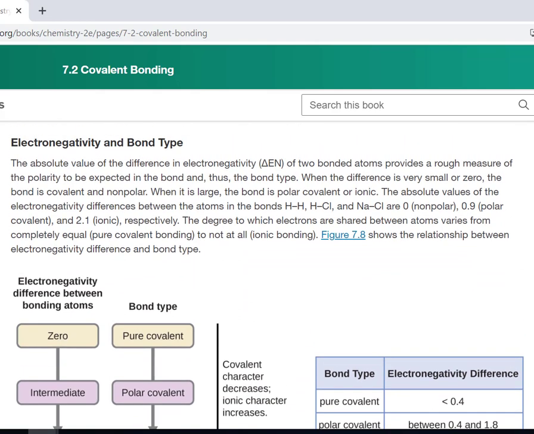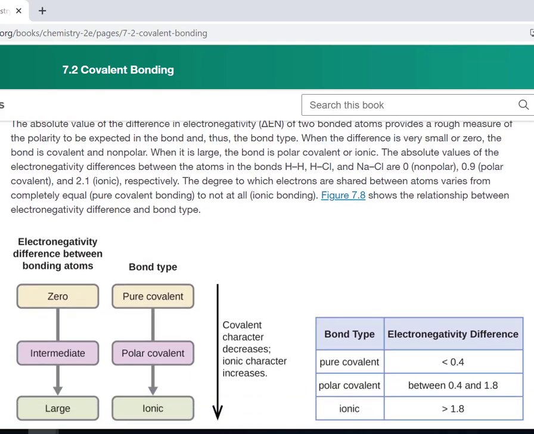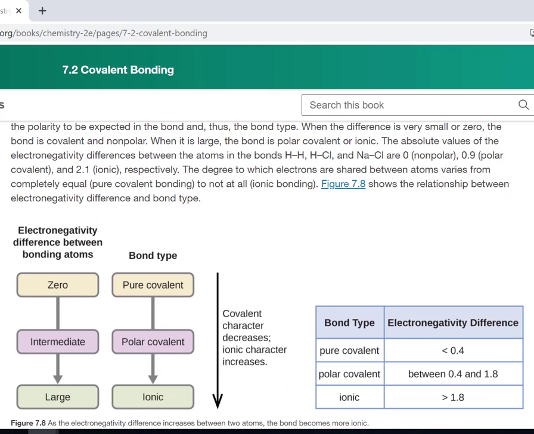There is a relationship between electronegativity and the type of bond. What we're looking at here is the difference in electronegativity of the bonded atoms. There are some possibilities here.